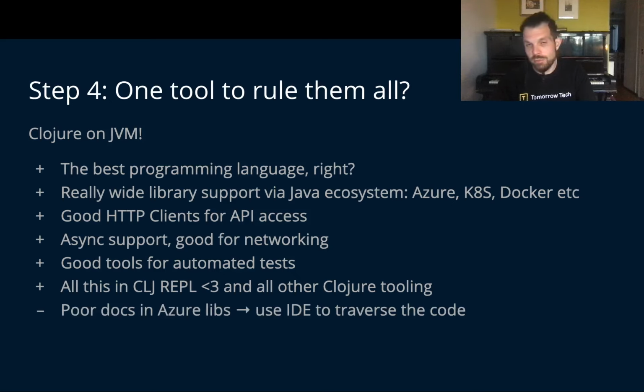There were also some drawbacks, for example, with the Azure SDKs. There was quite poor documentation, but then we found a nice way to handle this. We loaded a Java project in our IDE, for example IntelliJ, and that way we could use that for traversing the Java code to figure out what API calls we should use for each task that we needed. And that was actually very nice.